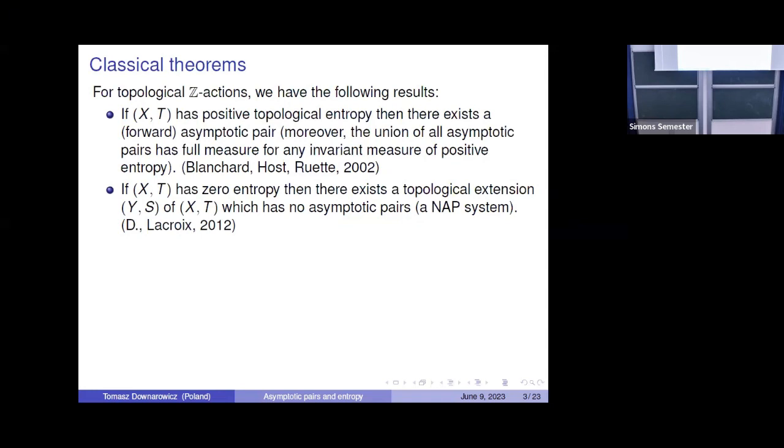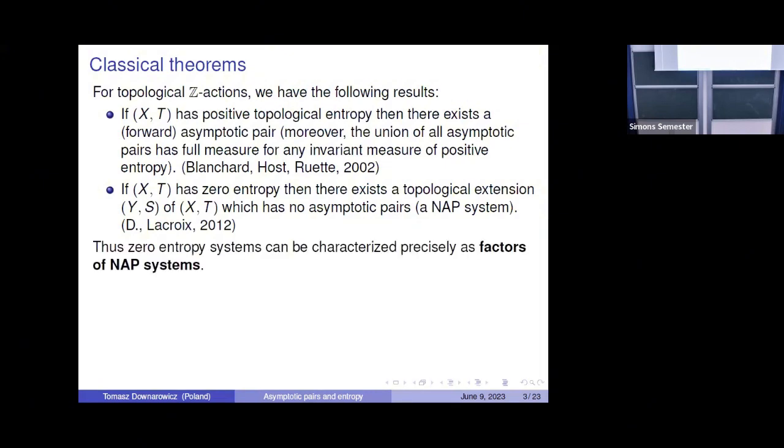And of course, this extension, because of the first part, must also have entropy 0. So we can characterize zero entropy systems as precisely factors of the NAP systems, which is nice because calculating entropy is more complicated than just checking for asymptotic pairs, which are usually visible by naked eye.